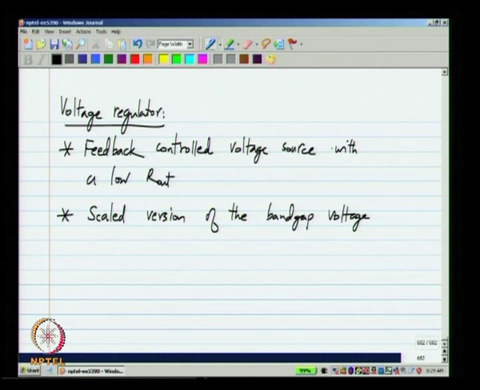Essentially, it is like taking the band gap voltage and putting it through some amplifier K and getting the output voltage. But there are some particular characteristics of the voltage regulator.